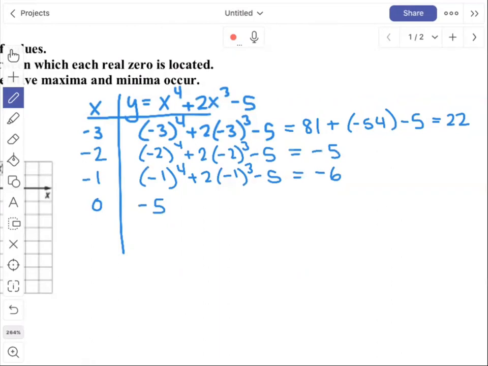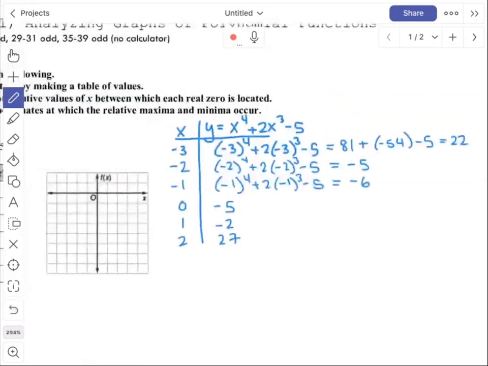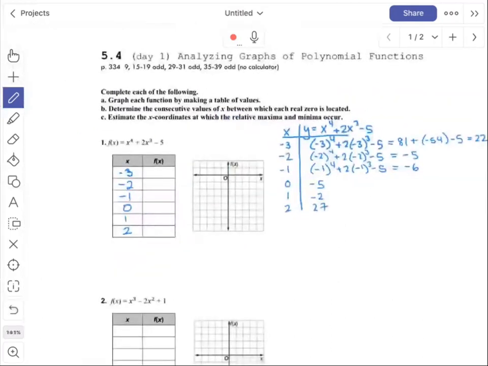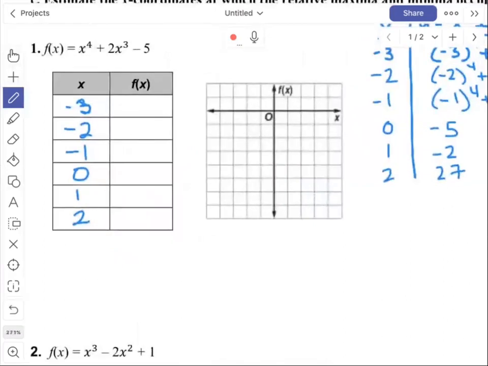For 1, I would get -2. And for 2, I get 27. So by plugging those in, I would get those numbers for my table.